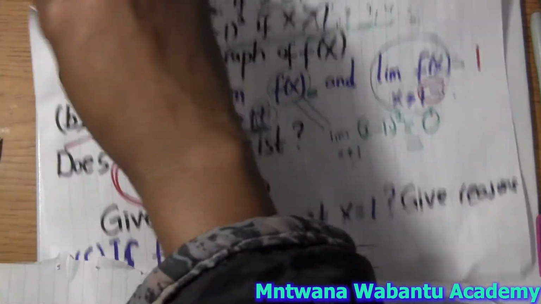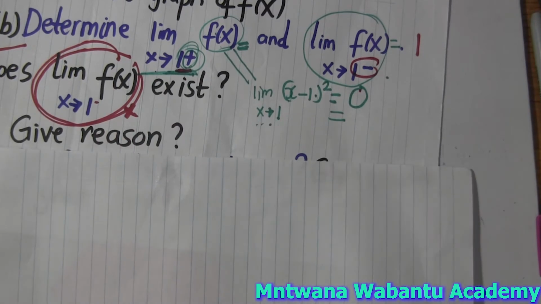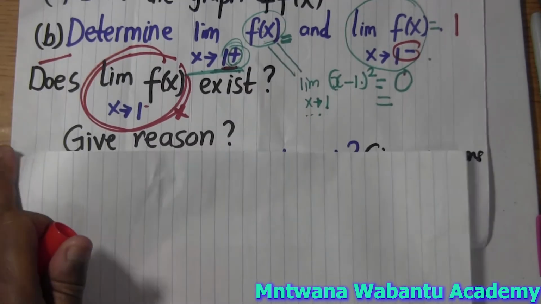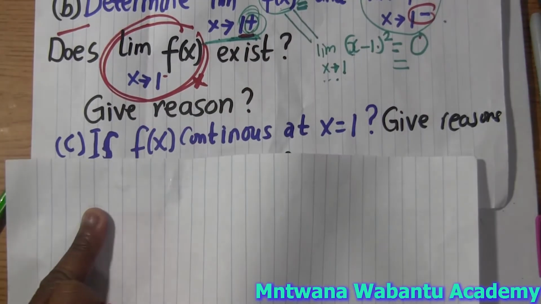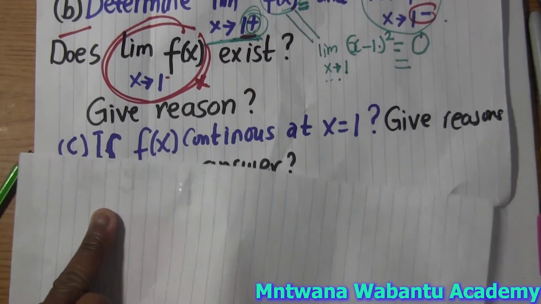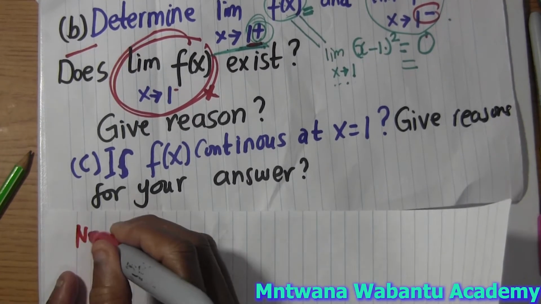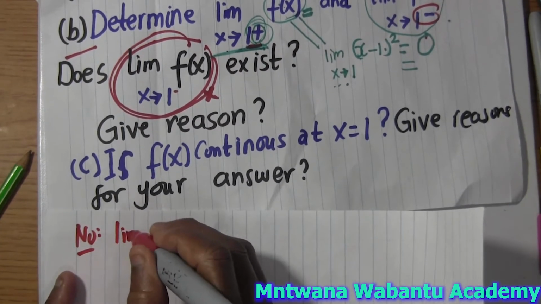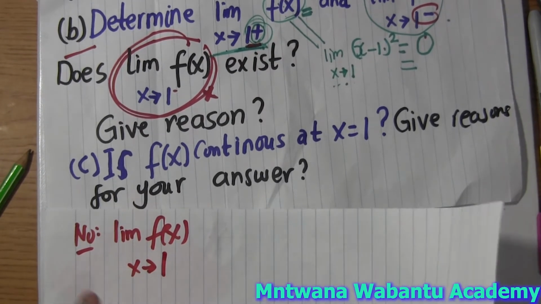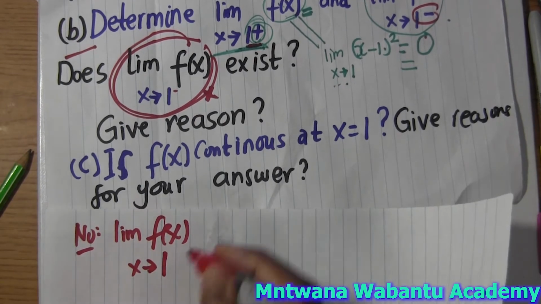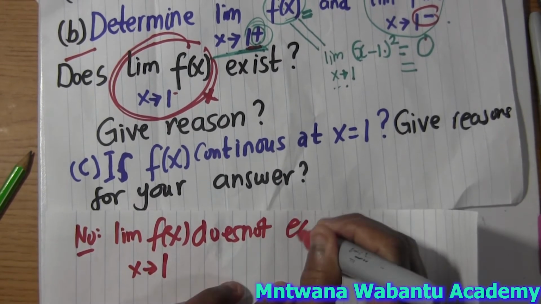So how are we going to conclude? We're going to say, does the limit of f of x exist? No, it doesn't exist. The limit of f of x as x approaches 1 does not exist.